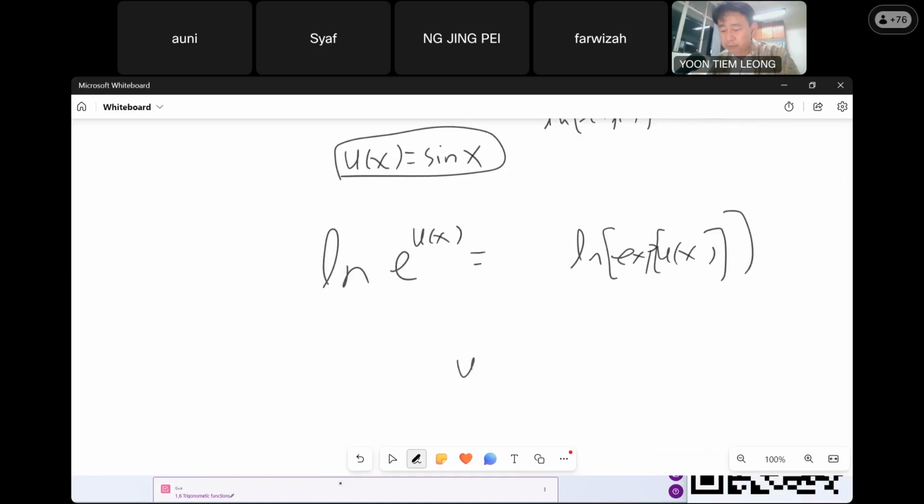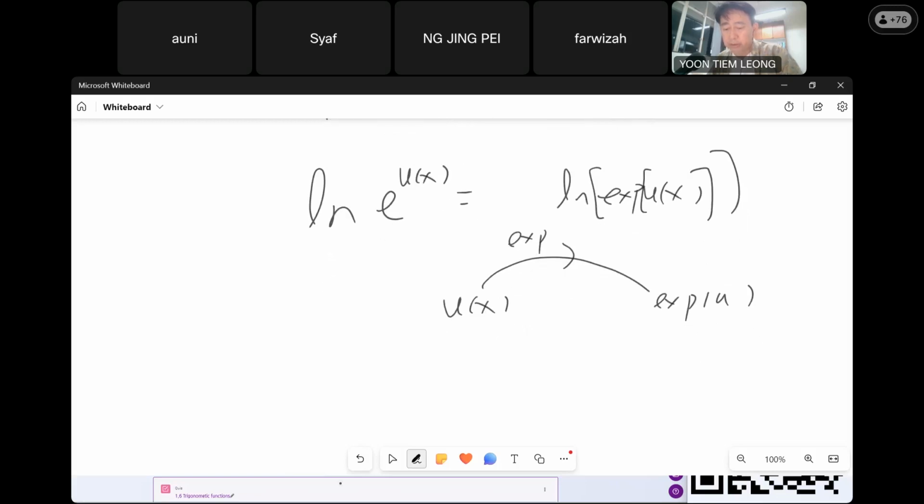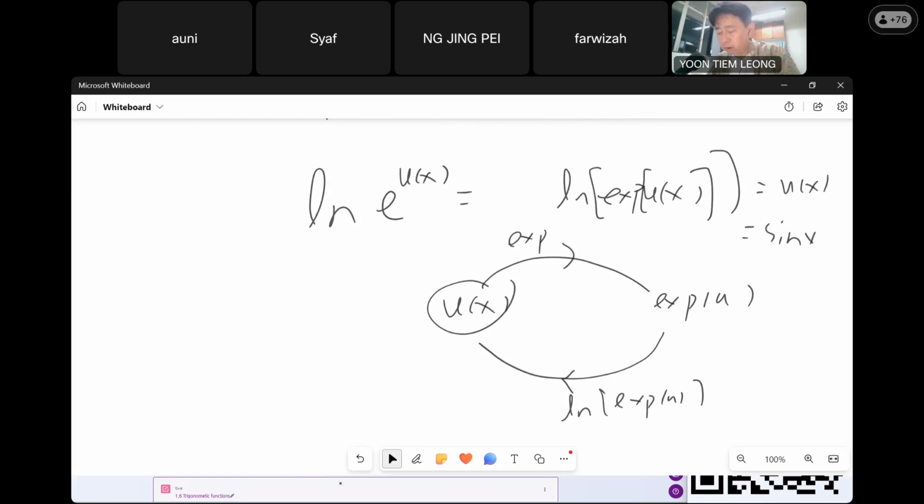You start off with a u, you slot it into the exponential function, then what you get is the exponential function of u. Then the inverse of the exponential function, which is the log, will bring the exponential of u back to u. So finally, what you get is just equal to u, which is your sine of x. So log of e power sine of x is nothing but just the sine of x.